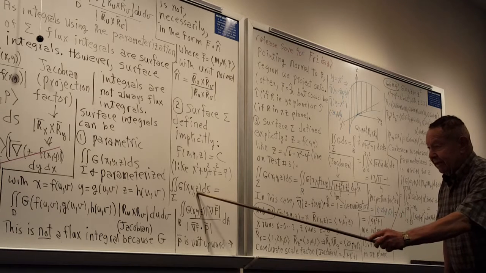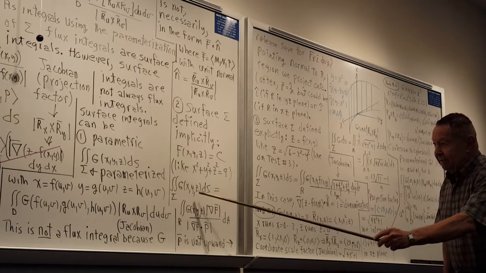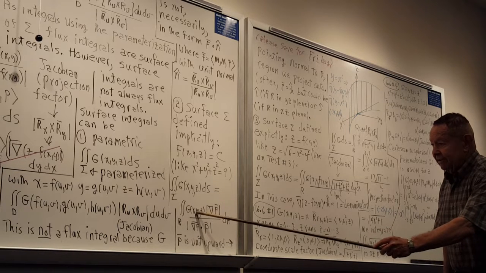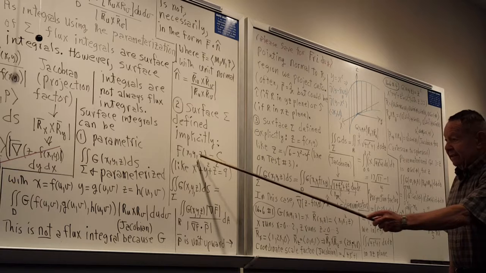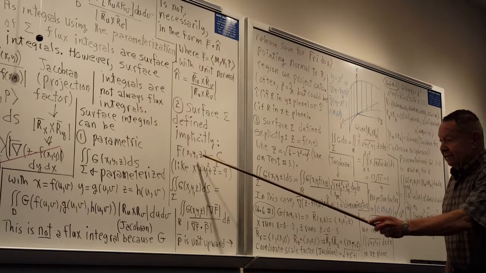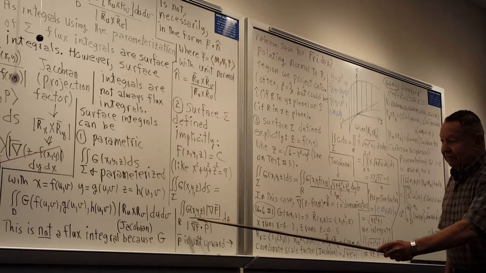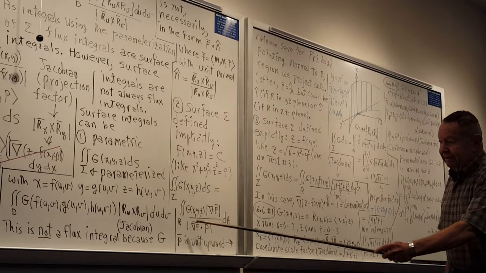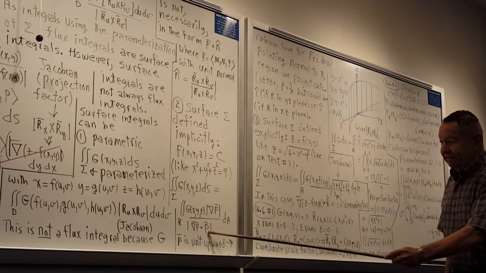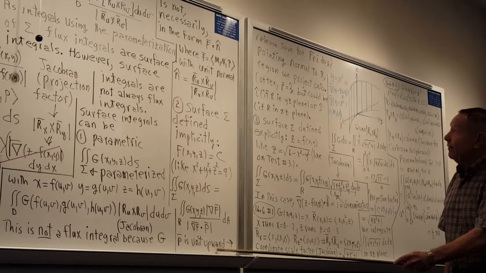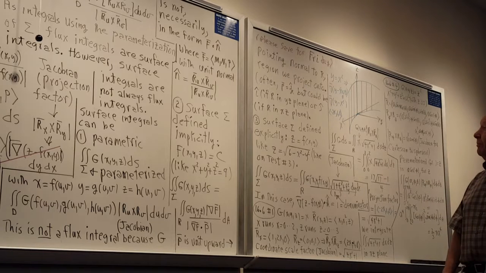So something like this then would be your function of x, y, and z, and then you'd take the gradient of that, and divide by the gradient dotted with a unit upward pointing normal.